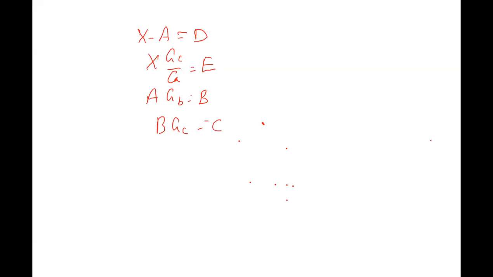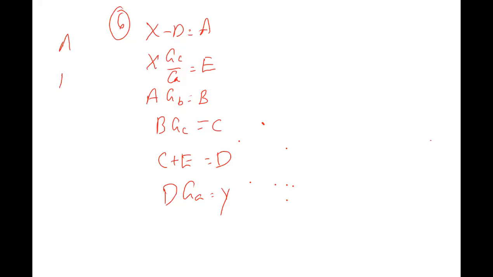So, if you remember the variables: X minus D equal to A. D, X into GC by GA is equal to E, A into GB is equal to B, B into GC equal to C. Sorry, first one is X minus D equal to A. C plus E is equal to D, D into GI is equal to Y. So overall you have 6 equations and 5 variables, A, B, C, D, E. So 5 variables and 6 equations.